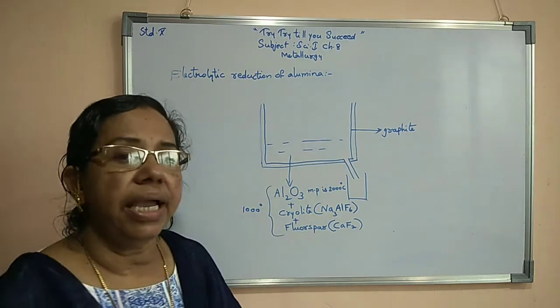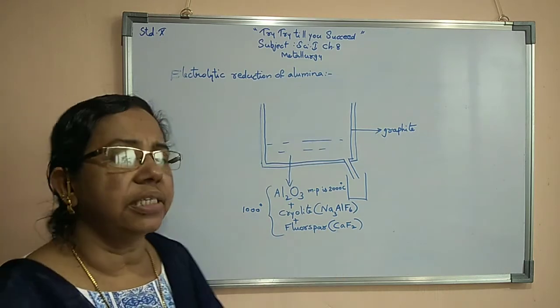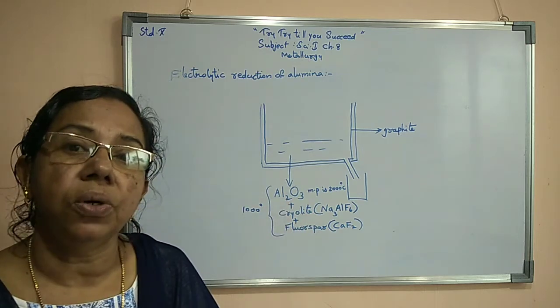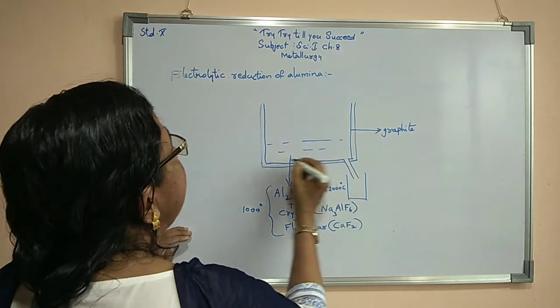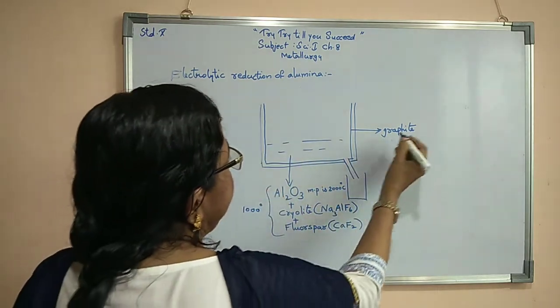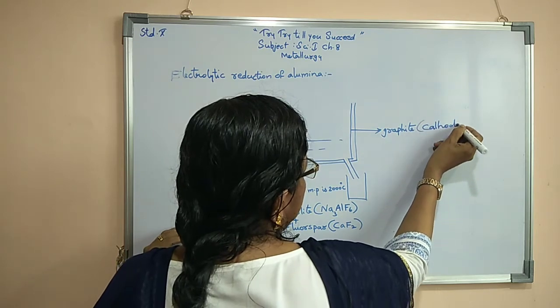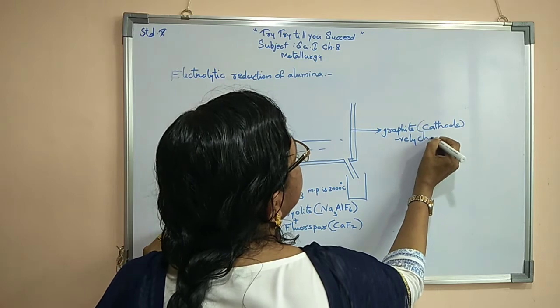Cryolite is Na3AlF6, fluorspar is CaF2, aluminium oxide is Al2O3. In this part, the graphite lining acts as cathode, a negatively charged electrode.